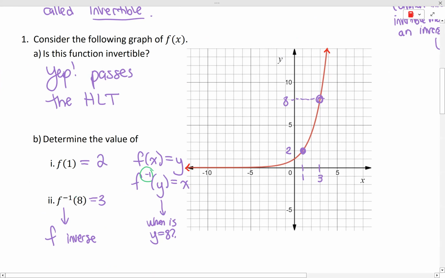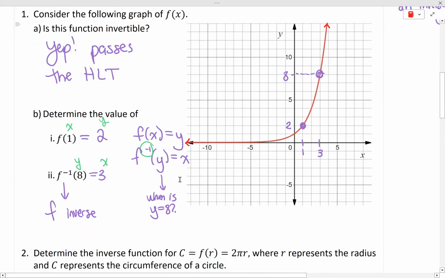So here we want to find f inverse at 8, which means you want to find the x value when y is 8. So instead of, in the first example, x being 1 and y being 2, in this example, y is 8 and x is 3, which you can see graphically.